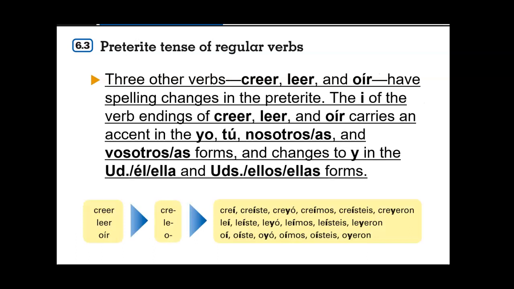These you need to write down because they are a little different. You have three other verbs: creer, leer, and oír. They all have spelling changes in the preterite. The I of the verbs ending in creer, leer, and oír carries an accent in the yo, tú, and nosotros forms and changes to Y in the usted, él, ella forms and ustedes, ellos, ellas forms.